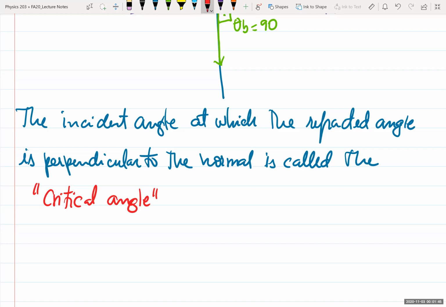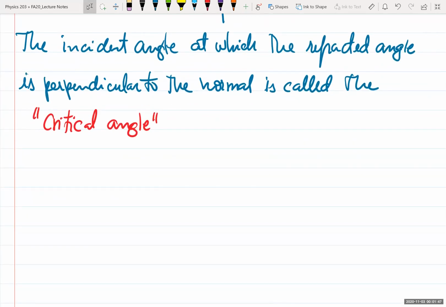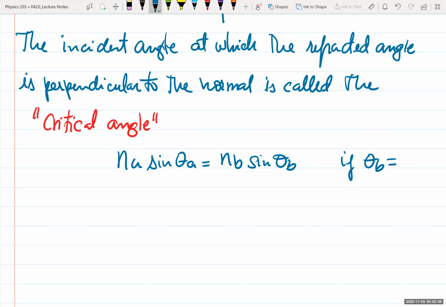So what do we have? Remember, we have Snell's law that says N sub A sine of theta A equals N sub B sine of theta B. If theta B is 90 degrees, we have N sub A sine of theta A equals N sub B sine of 90, which is 1.